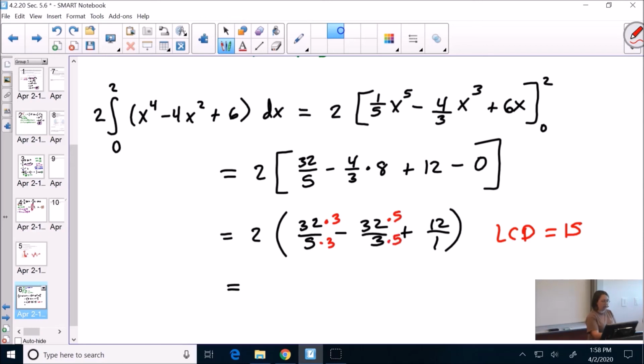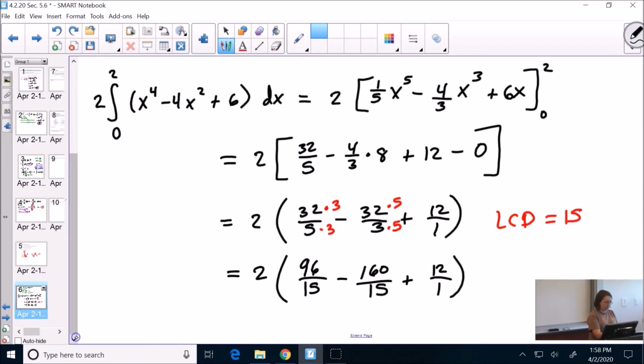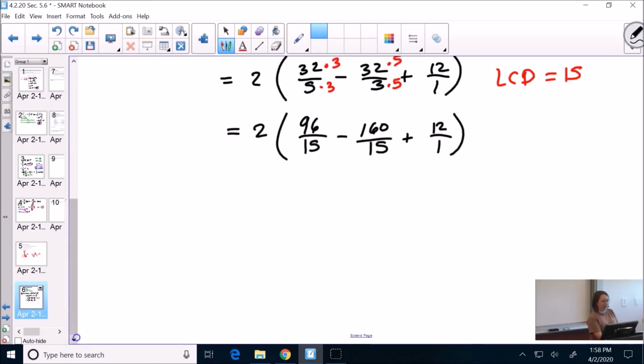Second one by 5 to get our LCD. 3 times 32 would be 96 over 15, minus 32 times 5, which would be 160 over 15, plus 12 over 1. Hoping it reduces, and then I don't have to do as big a denominator, but it could be wrong. So 96 minus 160, that would be negative 64 over 15. Cannot be reduced by 3 or 5.